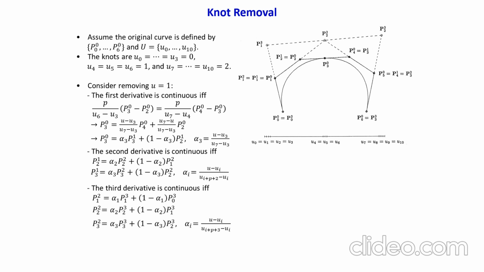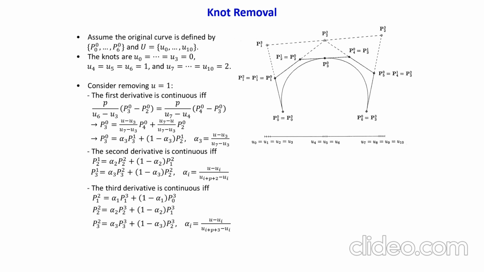The first derivative is continuous if and only if p over the distance between knots U sub 6 and U sub 3 times the distance between point 3 and point 2 at step 0 equals p over the distance between knots U sub 7 and U sub 4 times the distance between point 4 and point 3, also at step 0.